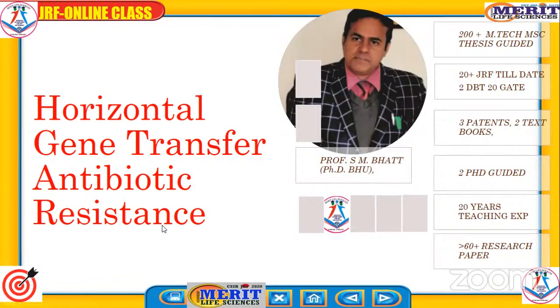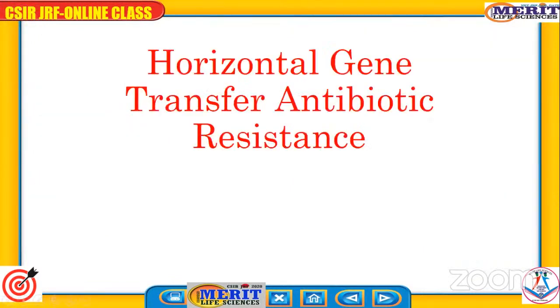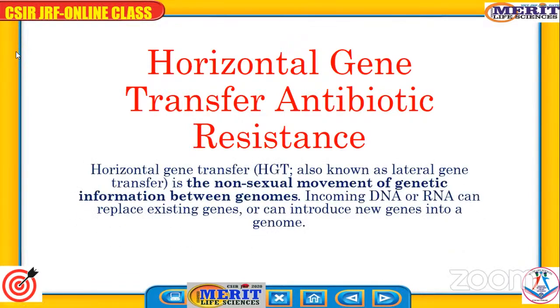We are focusing on this topic: what is the evolutionary importance of this antibiotic resistance gene transfer, and how horizontal gene transfer is responsible for spreading so many harmful genes in the microbes. So exactly what can we define horizontal gene transfer as, a kind of lateral gene transfer.